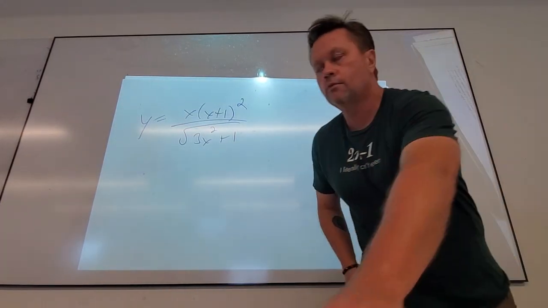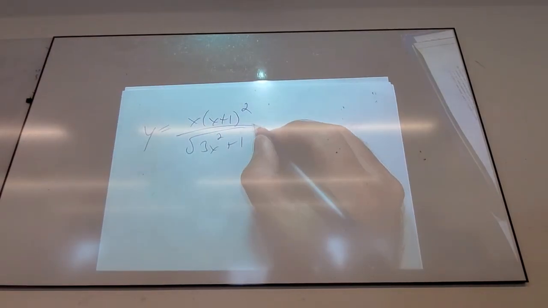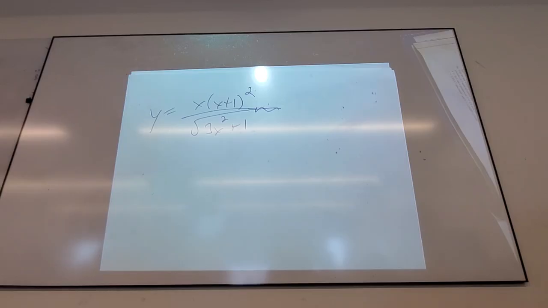Yeah, you could do that. You could just use a bunch of product rule. It would still be kind of a 3-part product rule, correct? Still better than quotient rule. Yeah, I agree.